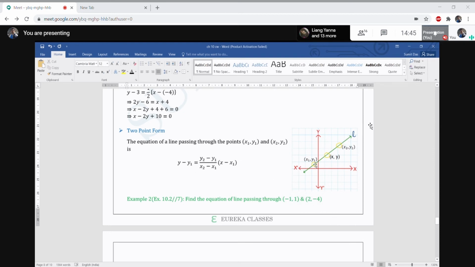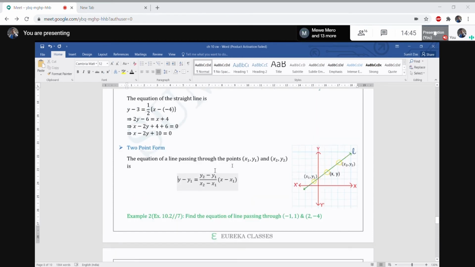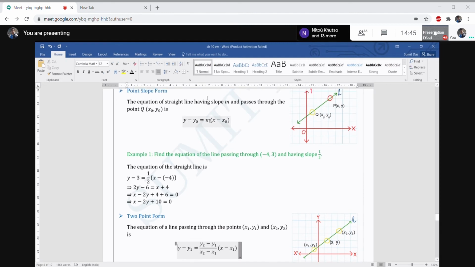You can see this line L is passing through x1, y1 and x2, y2. So the equation will be y minus y1 equal to y2 minus y1 divided by x2 minus x1 into x minus x1. If you see this one, two-point form and point slope form, both are the same. You know why?